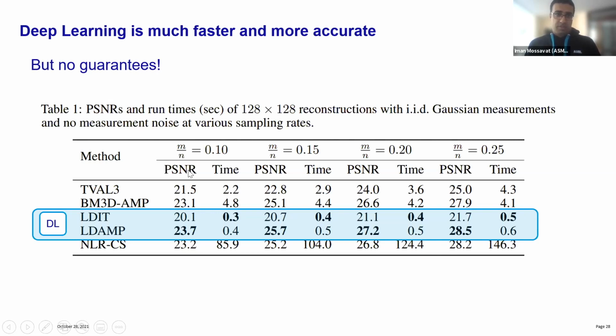You see that your peak SNR is much better in the case of deep learning, and your reconstruction time is also faster because this neural network, once trained, can work much faster. And this is very important because we also sometimes have timing constraints.